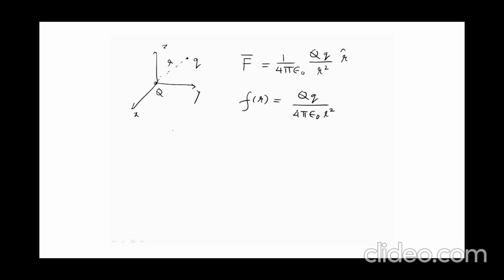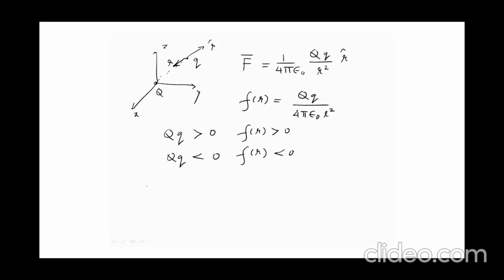But here is an interesting difference. If the product of Q into q is greater than 0, which can happen if both are like charges, then F of r would be greater than 0 and in fact would be pointing along the positive radial direction. On the other hand, if they are unlike charges, then Q times q will be less than 0 and F of r would be explicitly negative, pointing along the minus r cap direction.